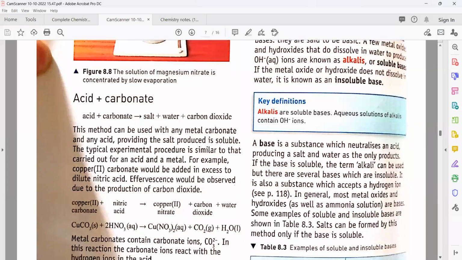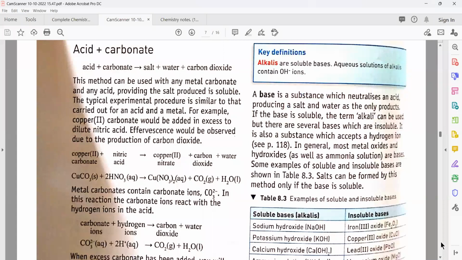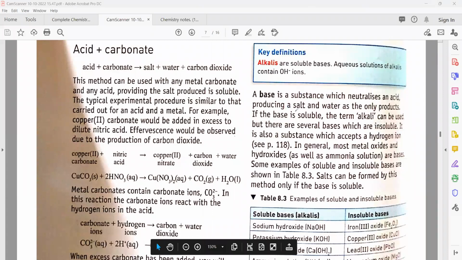A base is a substance which neutralizes an acid. The first reaction, neutralization, you know very well, produces a salt and water as the only products. When any acid reacts with a base, it gives you two things: one is salt and the second is water.